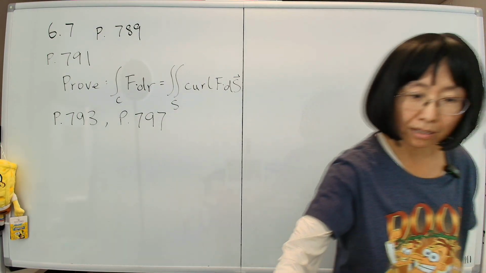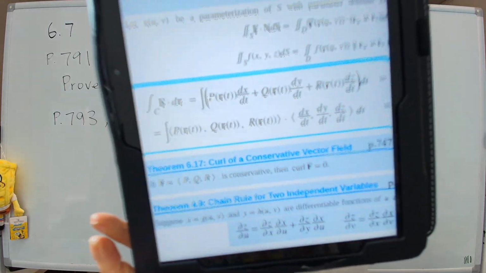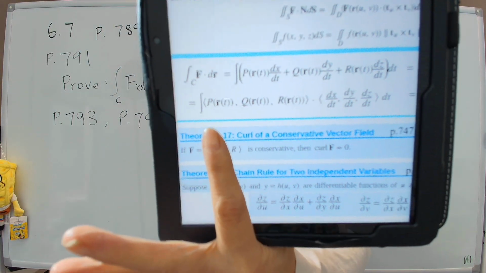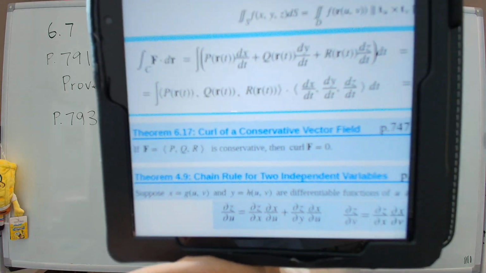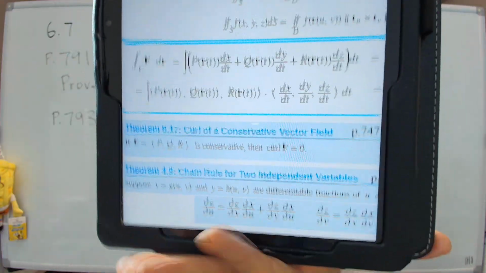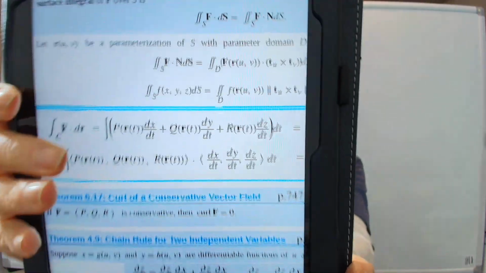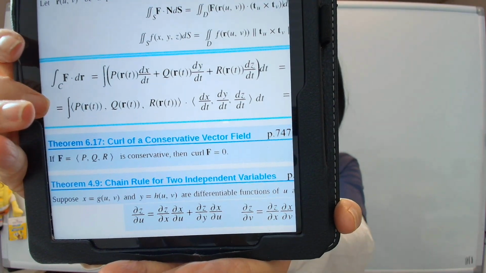Now, remember what I showed you earlier, that is the line integral of F dr. The easiest way to calculate it, you can go by the equation on top, but I find this equation to be easier to do.